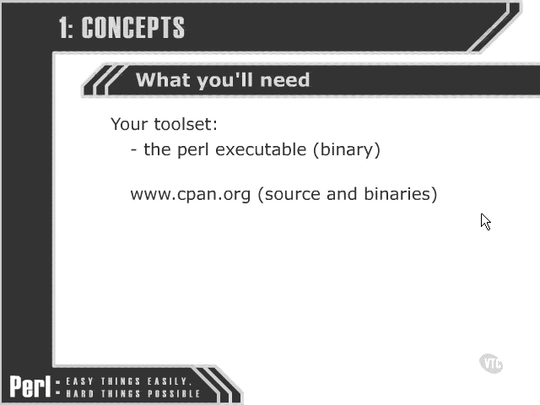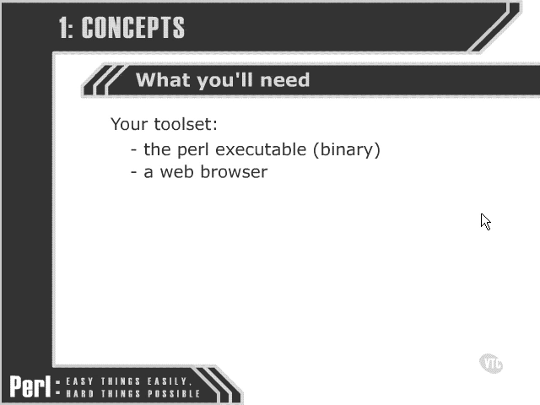The same is true for the Macintosh operating system, version 10 or higher. If you're running Windows, then a very good place to get hold of a good Windows binary version of Perl is at activestate.com. Next in your tool set is a web browser.